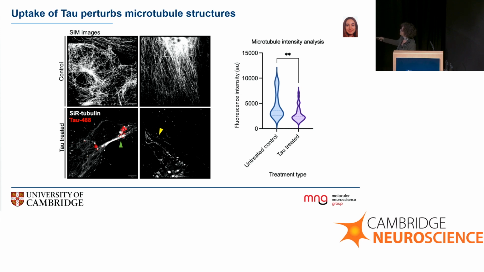And then when we treat them with tau, you can see there are fractures in the microtubules. You can see strong bundling. And if you look at the intensity change, we can see there is an effect on the microtubules as well.